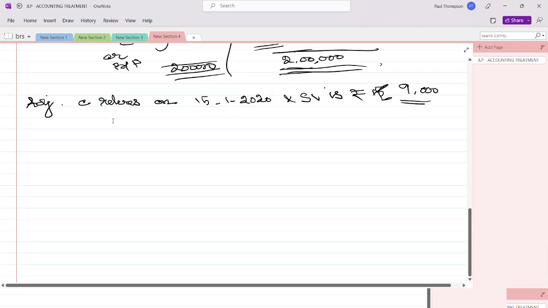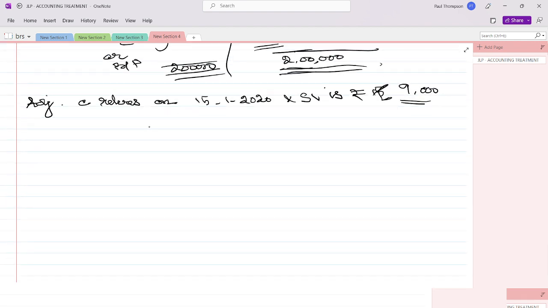So what is the journal entry you will be making? Bank account debit ₹9,000 you have received, to JLP account 9,000. So this 9,000 will be distributed among all the partners.